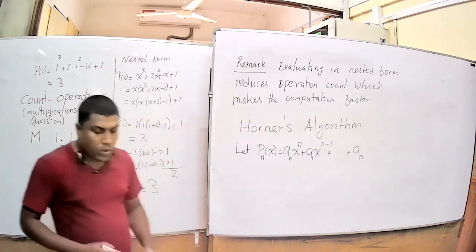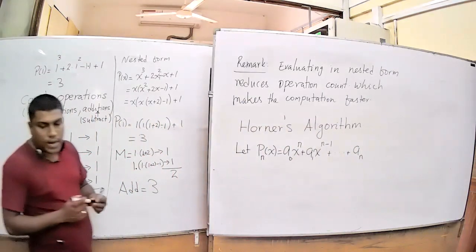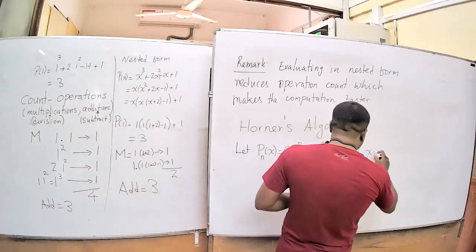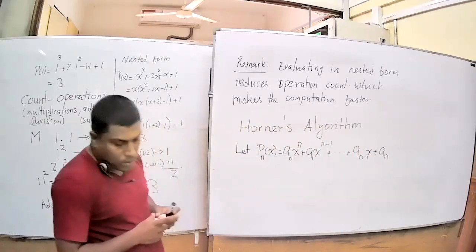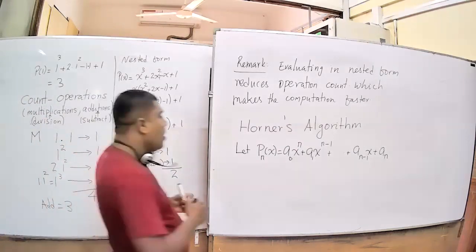I can avoid writing x to the power naught, as you all know. So an minus 1 x plus an. This is the polynomial.